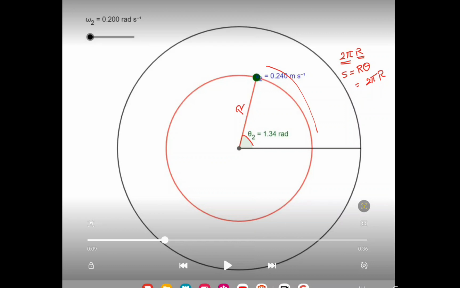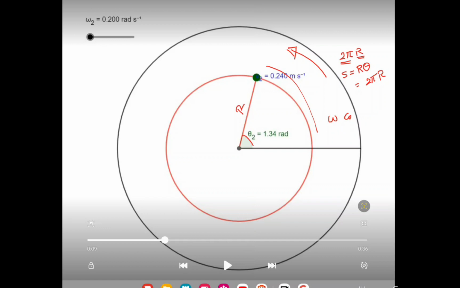Now as long as we have angular position, we should have angular velocity. This angular velocity is defined as omega. Now the direction of omega is as follows. If the particle moves counterclockwise, like in this one here, omega will be in the positive z-axis.